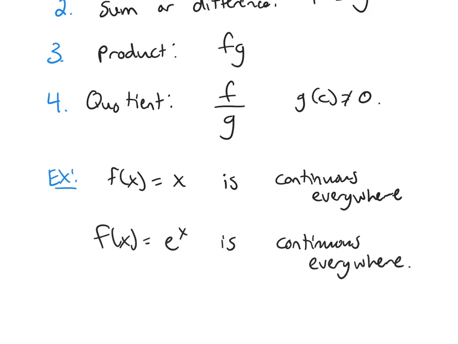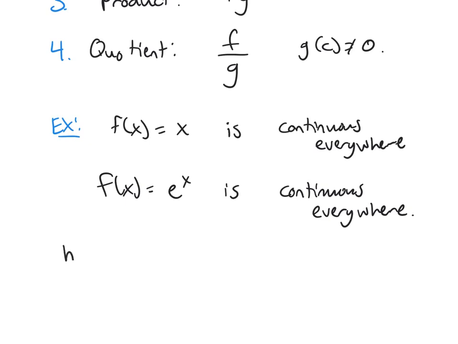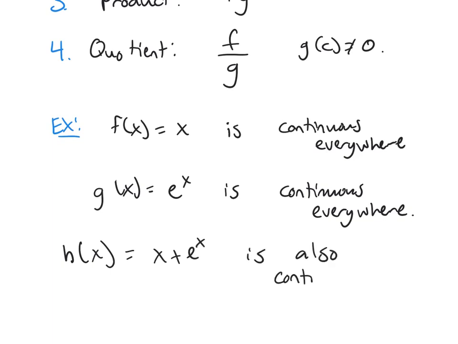And what I can do now is add these two functions together. Or sorry, this shouldn't be f, this should be g. I can now take these two functions and add them together, and it would still be a continuous function. It is also continuous everywhere.